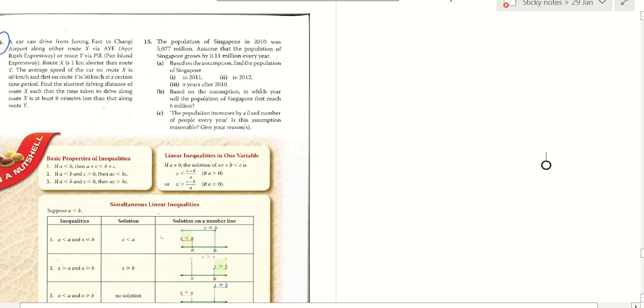Therefore, if you talk about the time taken, for x it is definitely smaller than the time for y. So if you didn't get that, just rewind this bit again. Okay, then they want to find the shortest driving distance of x, such that blah blah blah. So we let distance of route x be equal to x km.